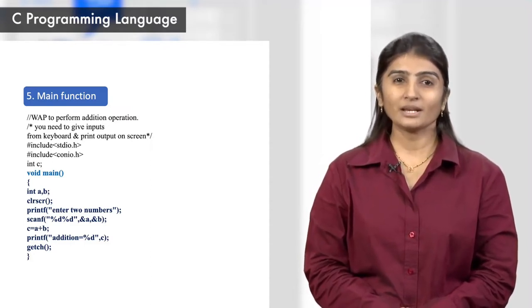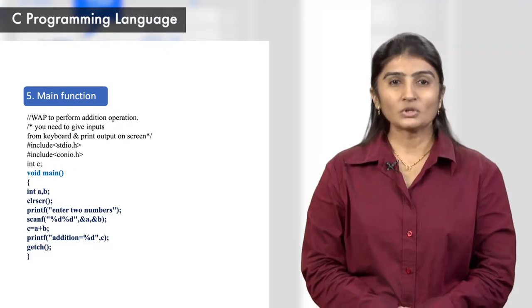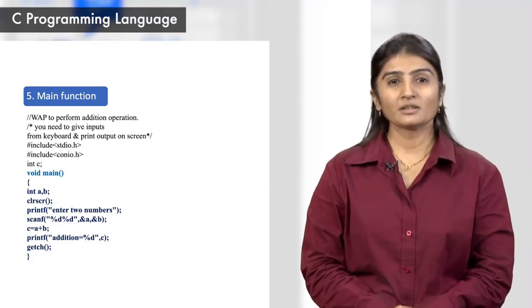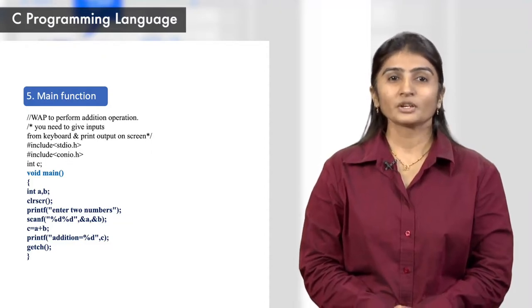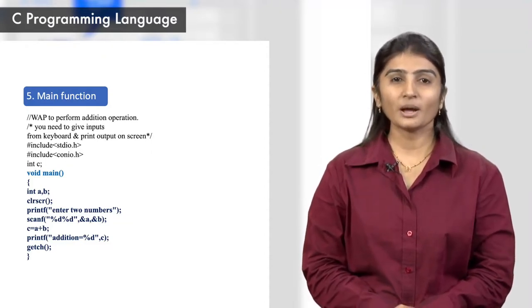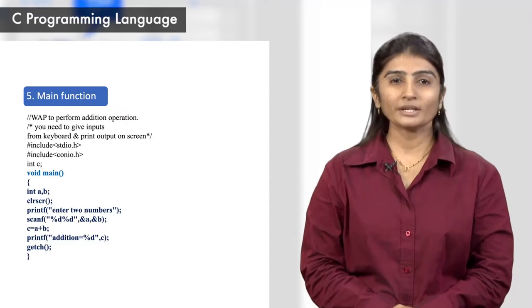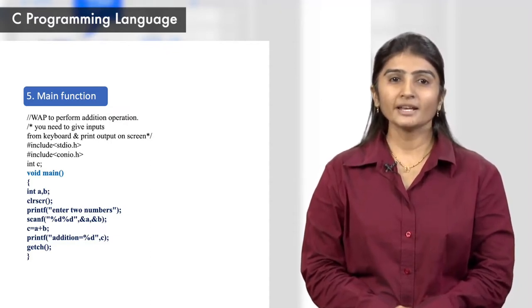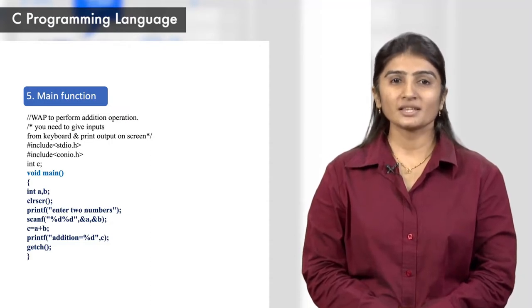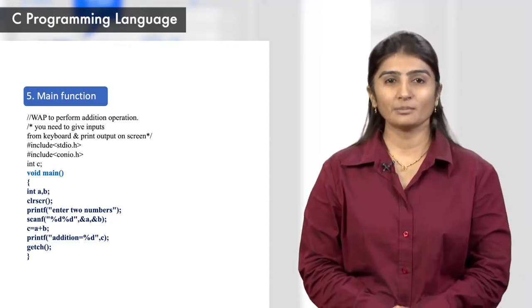Right now I am explaining that this is the main function. One more point: for the main function we will use curly braces. Whenever we write main in our program, we put an open curly bracket, then the code block, and at the end we close it using a closing curly brace.